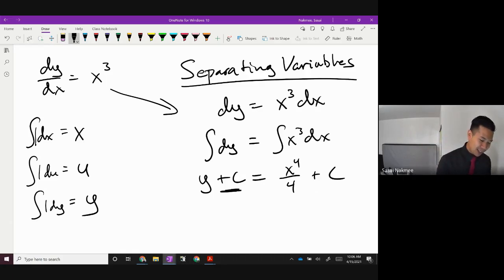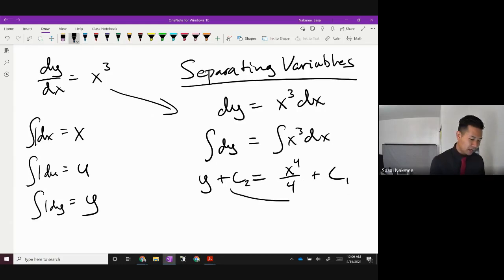Now this is where you've got to be careful. This c is not the same as this c, meaning you cannot just cancel them out. They're different constants. So this is technically c1, and I like calling this one c2. But this gets kind of clunky, because if you combine two constants together, anyone have any ideas?